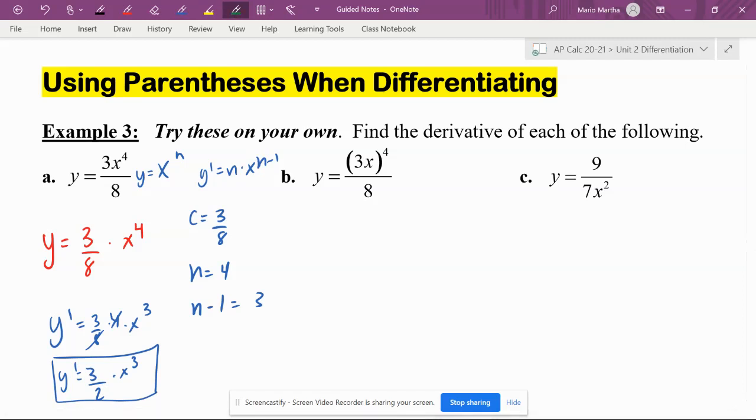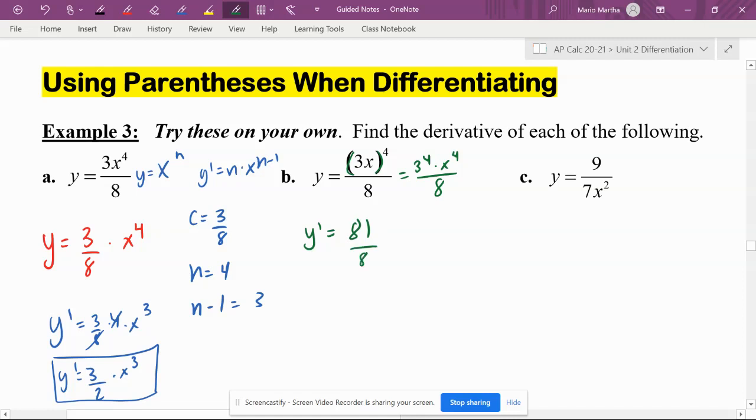In example B, be careful, because if you notice we have a parenthesis around the 3x, so that means we still have to use the other algebraic properties we learned before, like the distributive property. So this would be equal to 3 raised to the 4th power times x raised to the 4th over 8. We're looking for y prime, so y prime equals the constants, which would be 3 to the 4th, which would be 81, over 8.